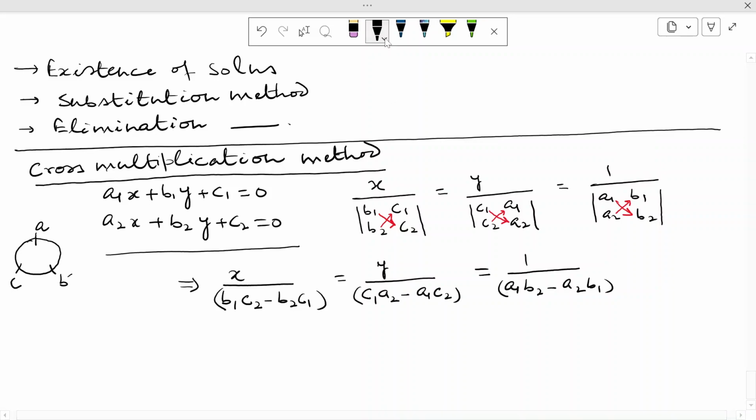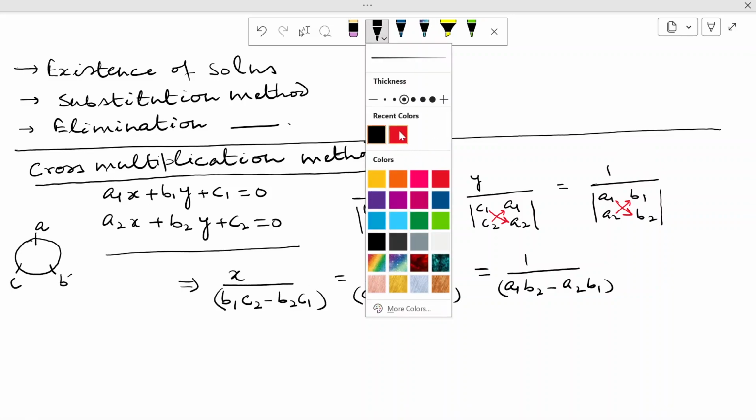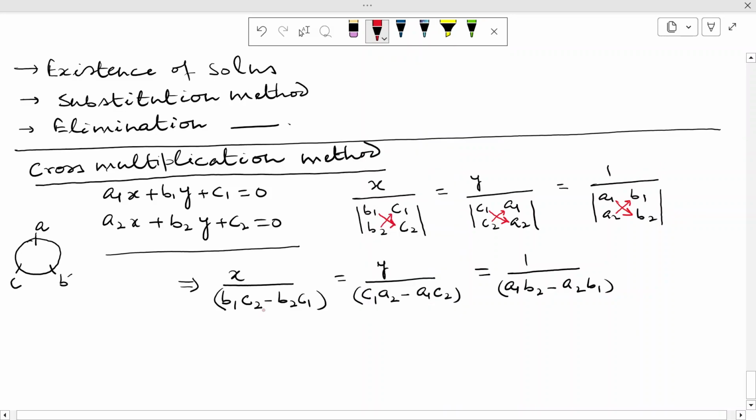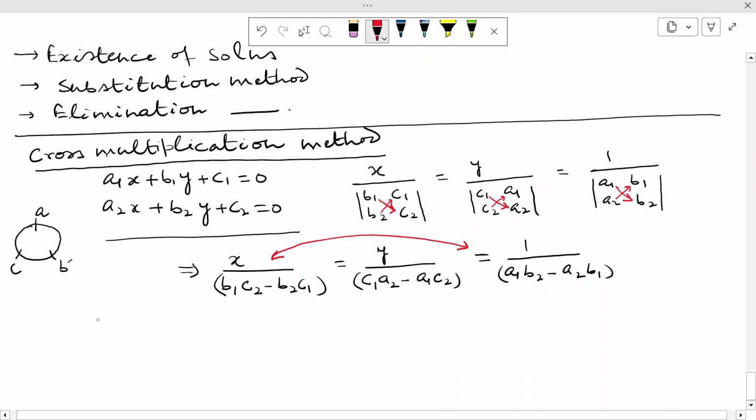Now when you are equating the first and the last term, जब आप इन दोनों को इक्वेट करते हैं, you will obtain the value of x as b1 c2 minus b2 c1 upon a1 b2 minus a2 b1.